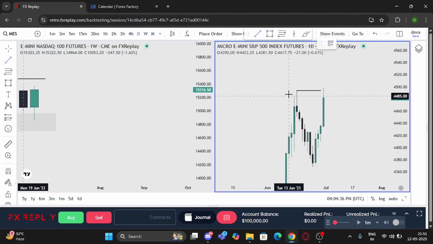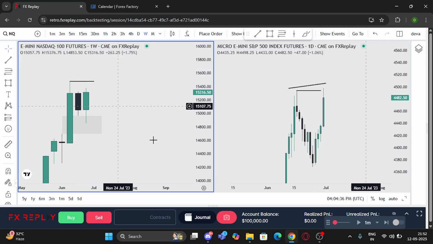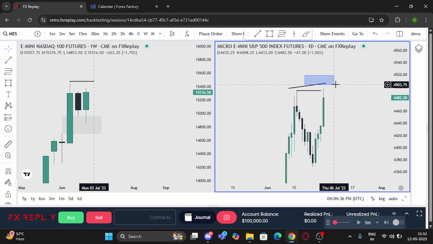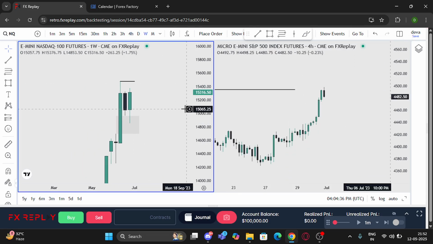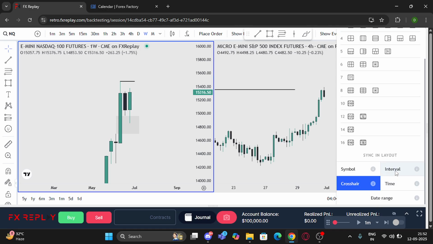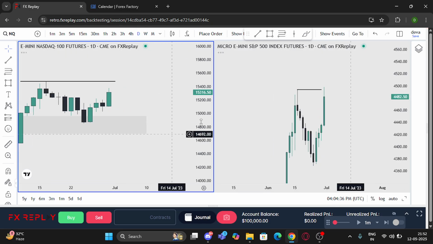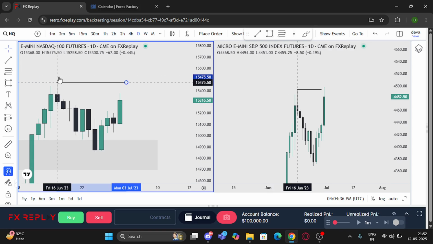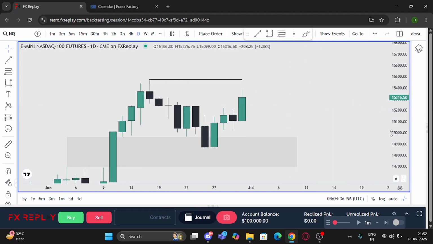Of course it has an SMT at the highs right here, but it doesn't mean it's going to reverse. It's actually bullish, and this SMT doesn't even matter. Wait, let me sync this. Alright, so now you can see that Nasdaq hasn't drawn liquidity which you can trade off.